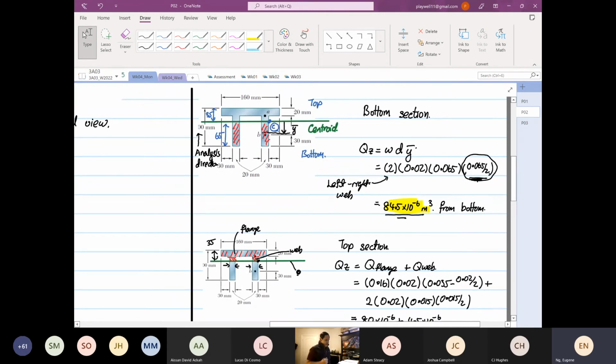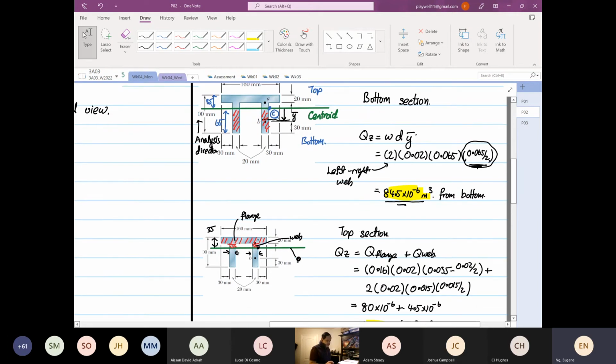A big thing of what you learned on Wednesday is whether you take the first moment of area from the bottom or from the top, the answer will be the same at the centroid. Because at the centroid, neither of the areas, from the top or from the bottom, will cross over the centroid.